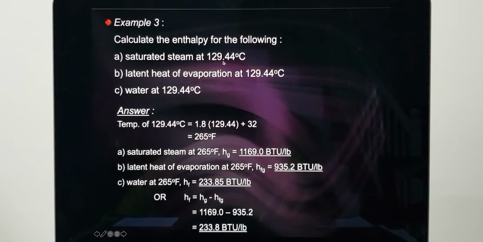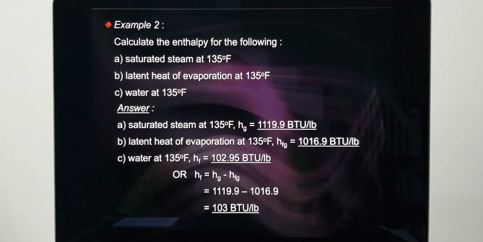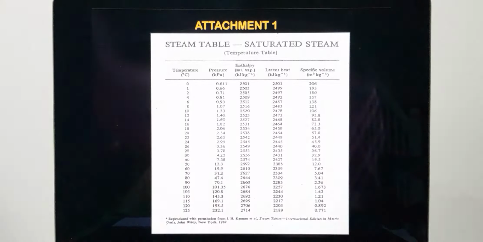For the following example, you can see that the temperature is 129.44 degrees Celsius. First, you need to check whether this value of temperature is available in attachment number 1 or not. So let's move back to attachment number 1.